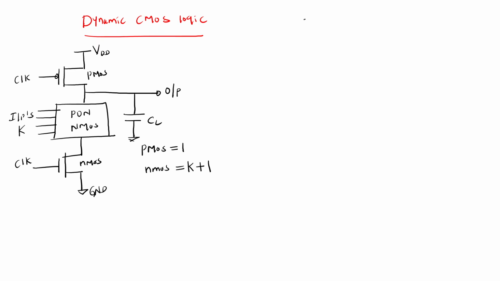Now if you see the static CMOS, we already saw the static CMOS. What we have is VDD, and next you have PMOS as pull up network, that is nothing but you have K inputs.